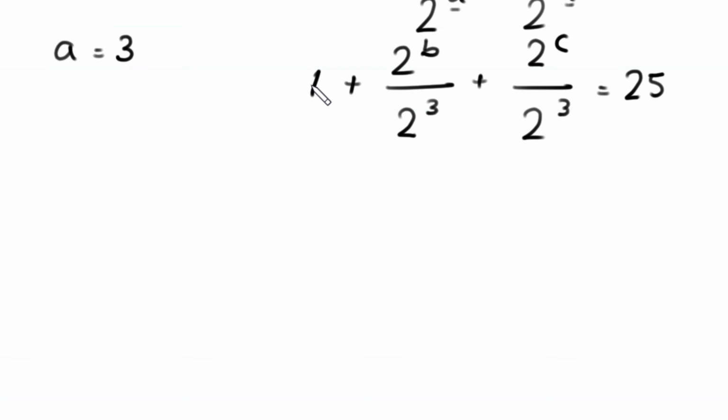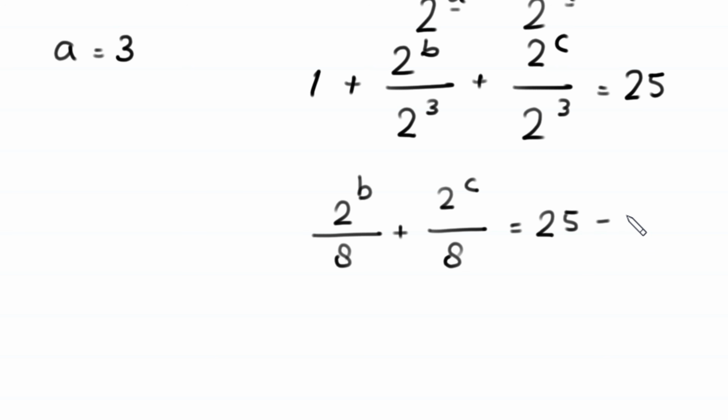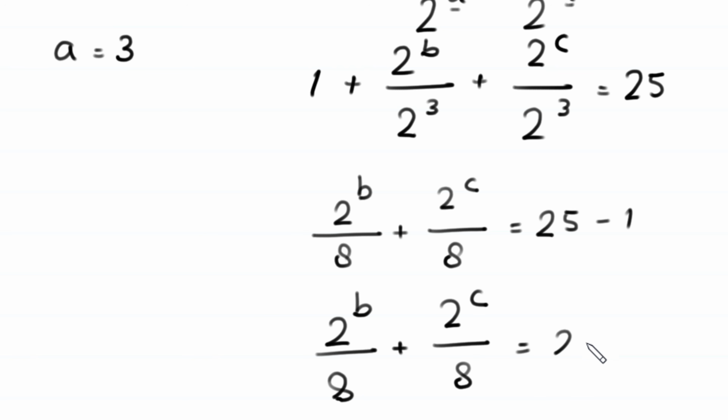Now we move this 1 to the right hand side, then this will become 2 to the power b divided by, this 2 cubed is same as 8, plus 2 to the power c divided by, this 2 cubed is same as 8, equal to 25 minus 1, and this will become 2 to the power b divided by 8 plus 2 to the power c divided by 8 equal to 24.